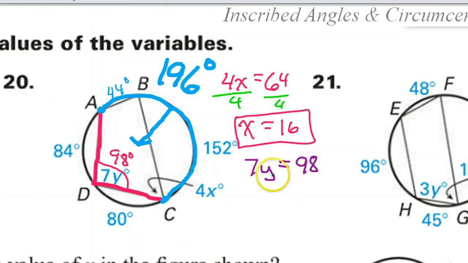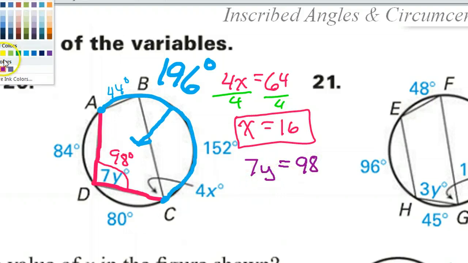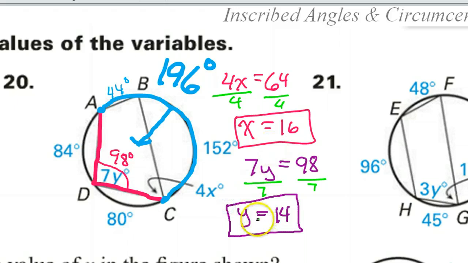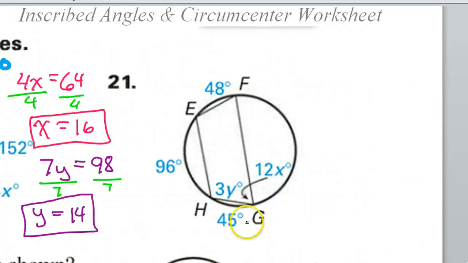So of course I'm going to divide both sides by 7. So that's going to give me 14. Alright, and that's why y is 14. So these problems are just like little puzzles. If you look at them the right way, they can be quite fun.